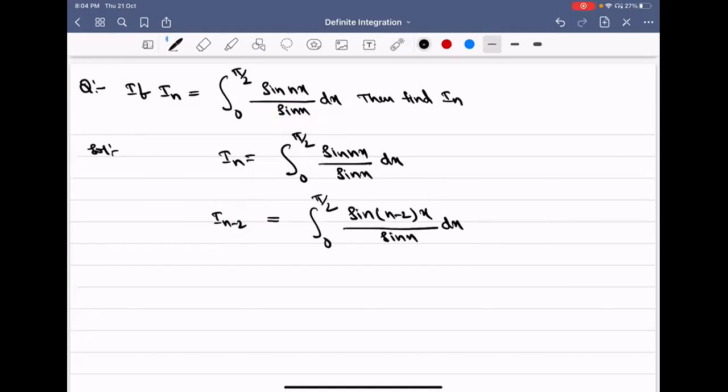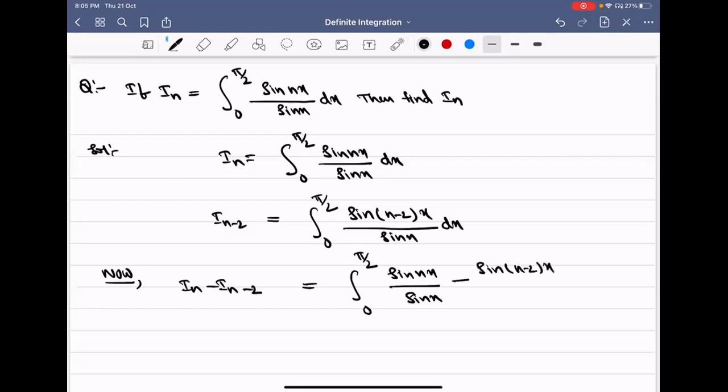Now take I_n minus I_(n-2), which is equal to the integration of 0 to pi by 2 of sin nx over sin x minus sin (n minus 2)x over sin x dx.